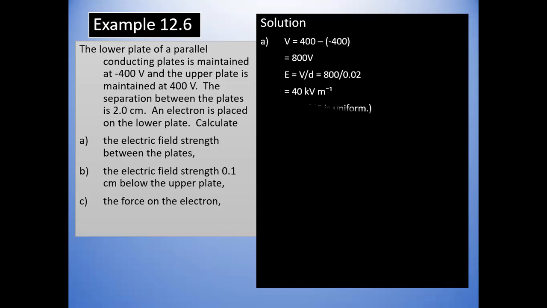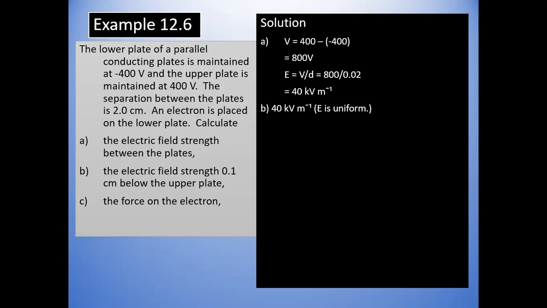It's trying to trick you, to see whether you study or not. It's the same value because it's a uniform field. At any point, the E value is the same. It doesn't matter about the distance. That's what it means by uniform field.